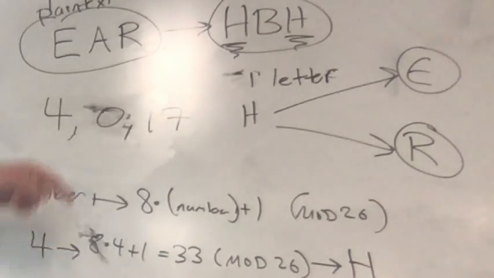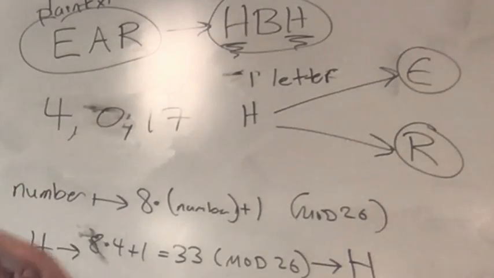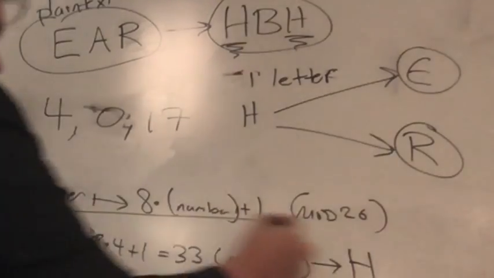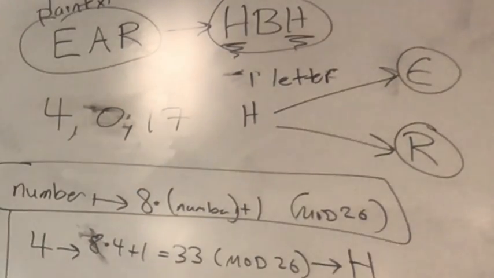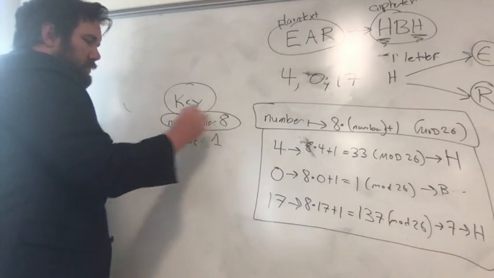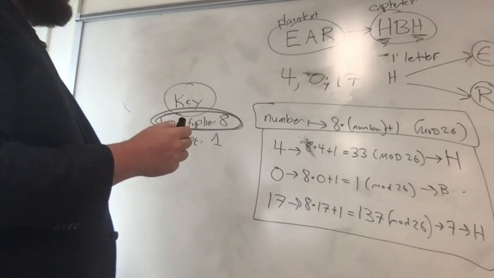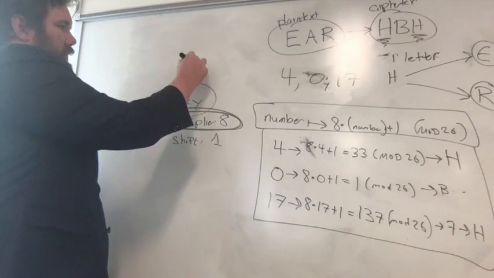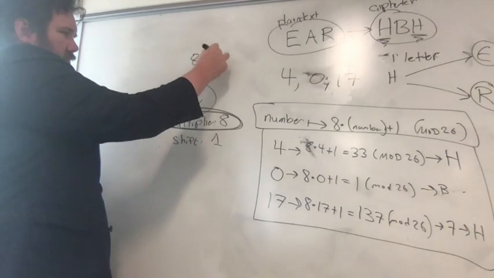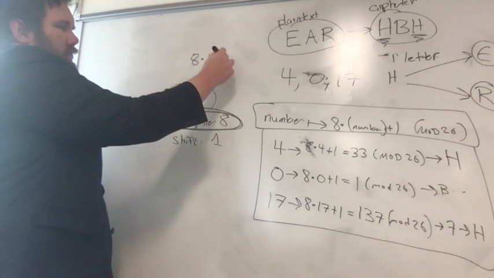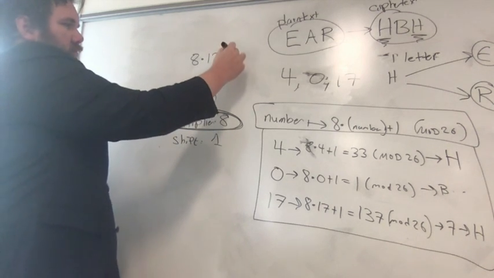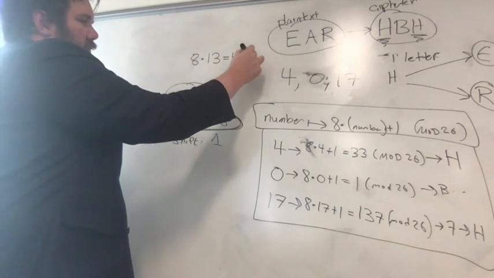So did we do anything wrong on the encryption? I don't think we did. I think that we actually did the math correctly. That we calculated this 8 times number plus 1 mod 26 correctly. So what's the problem? The number I chose to multiply with is a big issue. Because what happens here is that 8 times 13 is equal to 4 times 2 times 13.